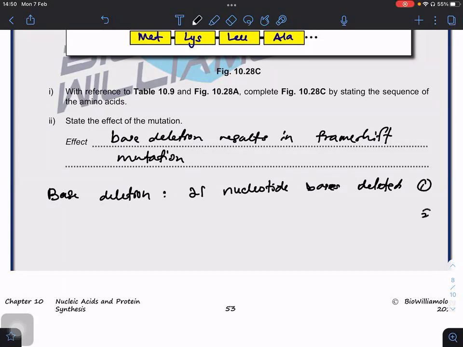And in case number 2, we have 14 nucleotide bases or base pairs deleted. So case 1, case 2, both of them very severe, but which one is more severe?